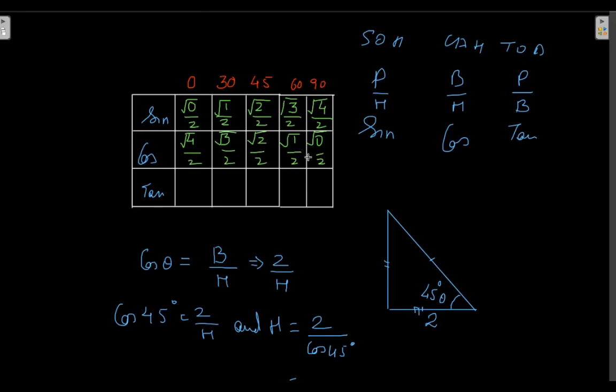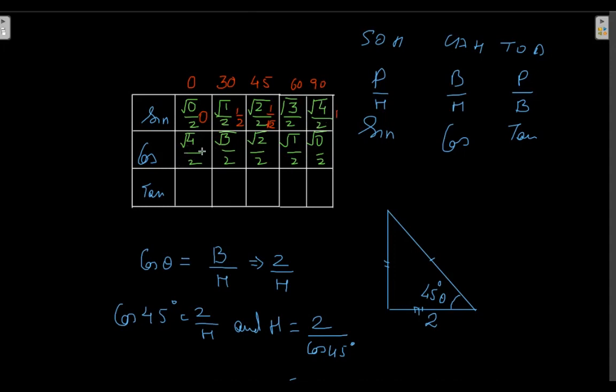Now guess what happens? This becomes 0. This becomes 1 over 2. This becomes 1 over under root 2. This remains like this. And under root 4 is what? 2. 2 cancels with 2 and this gives us 1.